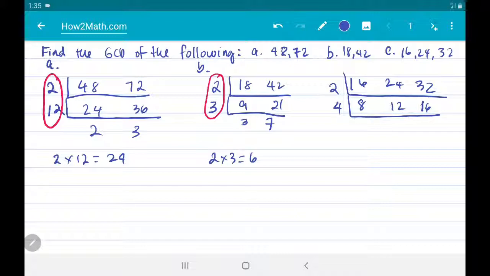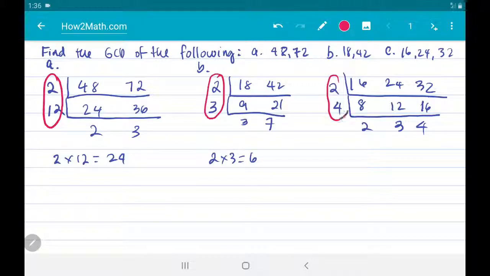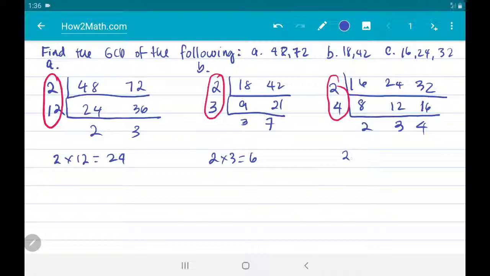So 8 divided by 4 is 2. 12 divided by 4 is 3. And 16 divided by 4 is 4. So no more common divisor. So the GCD is equal to 8.